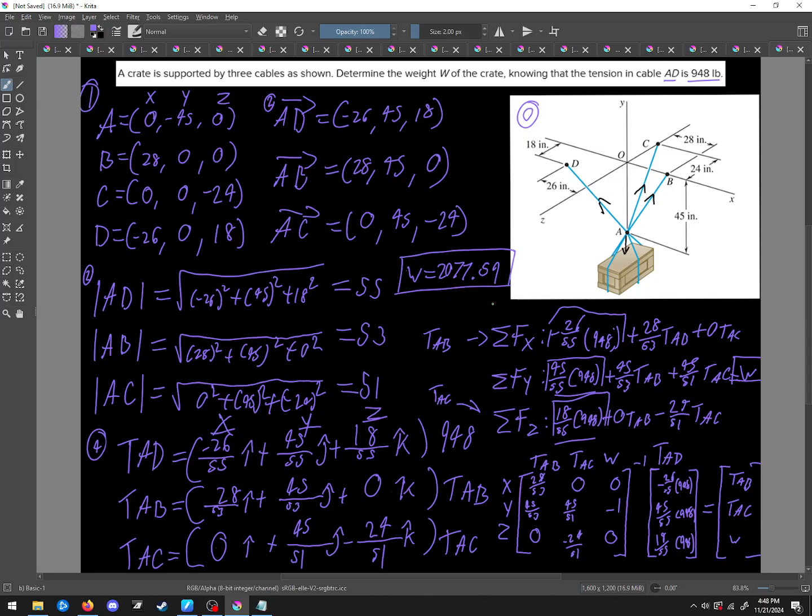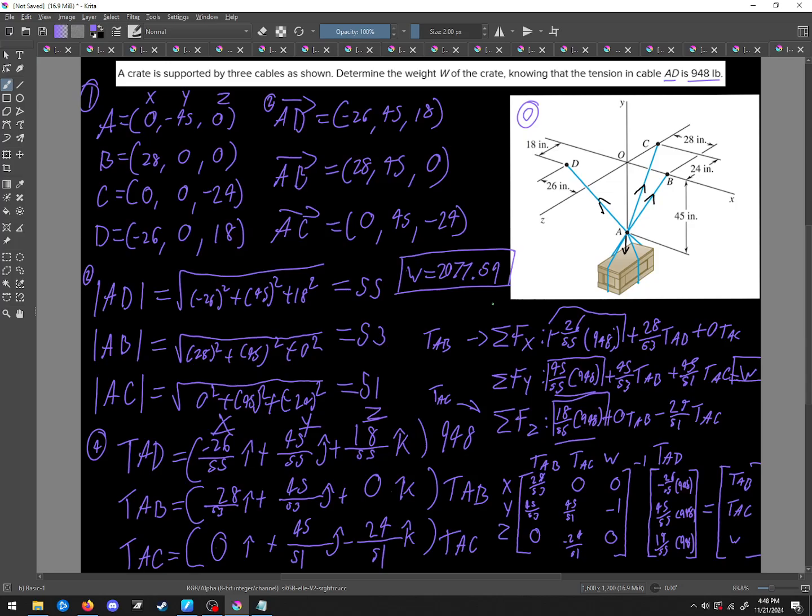I'm going to look over my matrices. I did them a little bit quick, so I'm going to make sure I don't have any errors. 28 over 53, 45 over 53, 0, 0 and 0, 45, 51, and then that should be negative 24, 51.